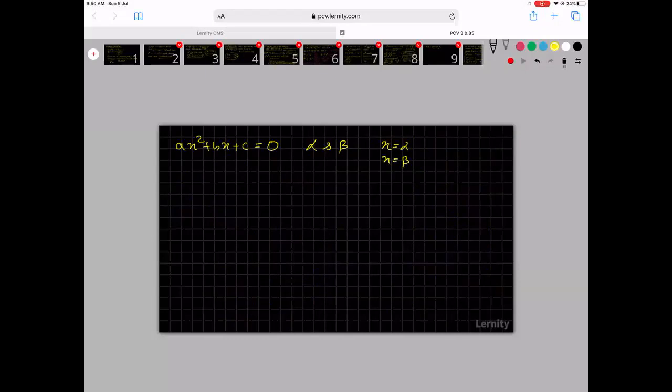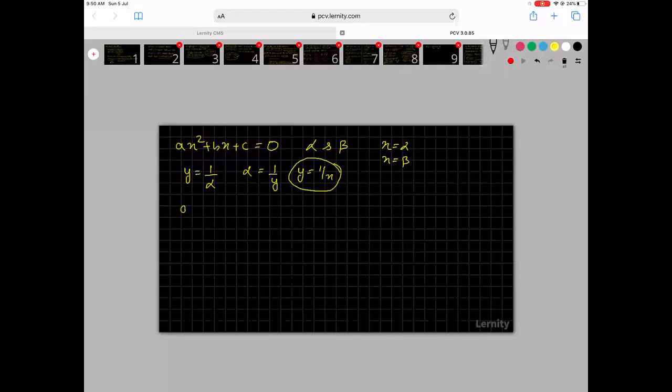Now I want to put some y such that y is equal to 1 by alpha. So if y is equal to 1 by alpha, alpha is equal to 1 by y. But alpha is equal to x, so from there I can say y is equal to 1 by x. That means instead of x, if I put 1 upon x, I'll get an equation where y will become equal to 1 by alpha.